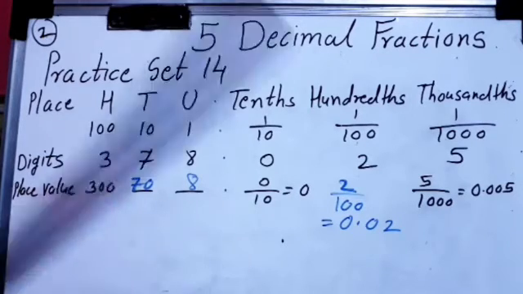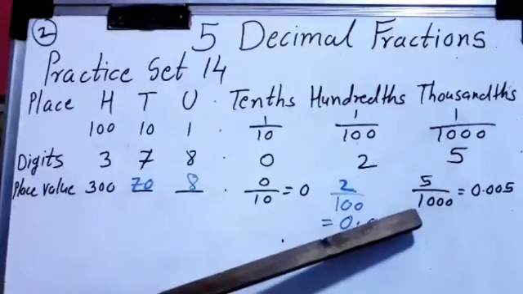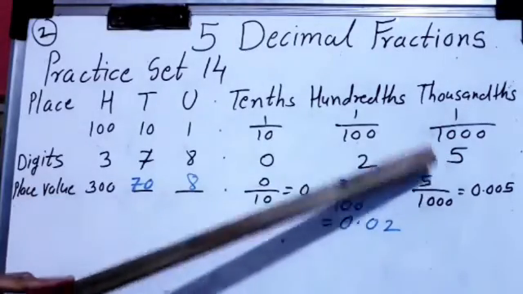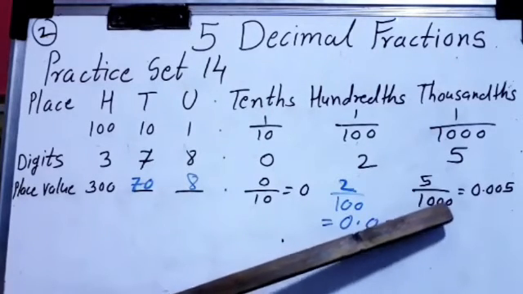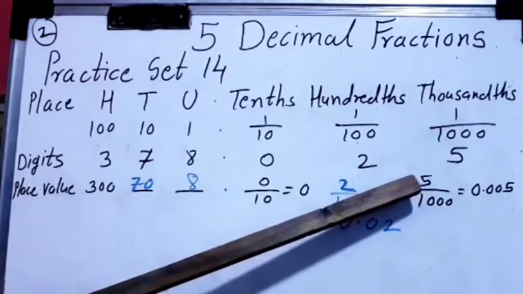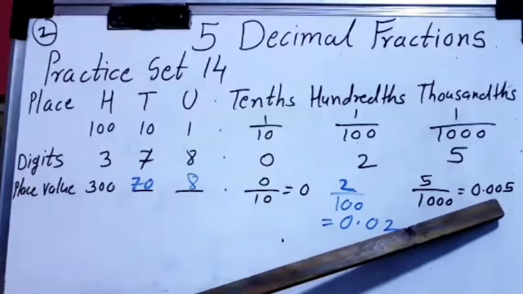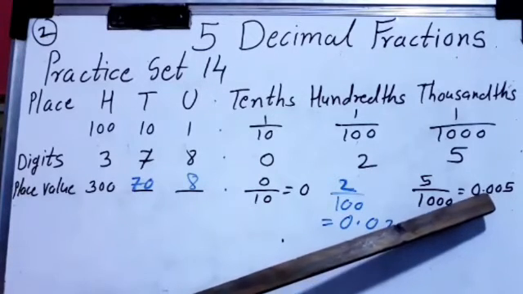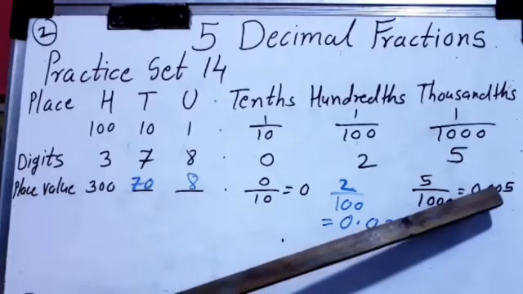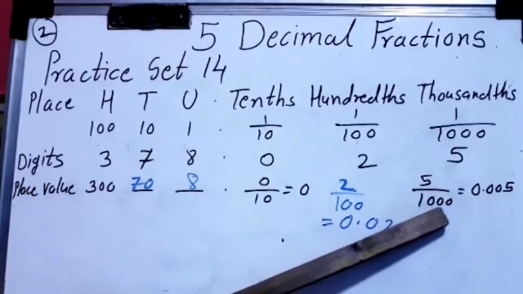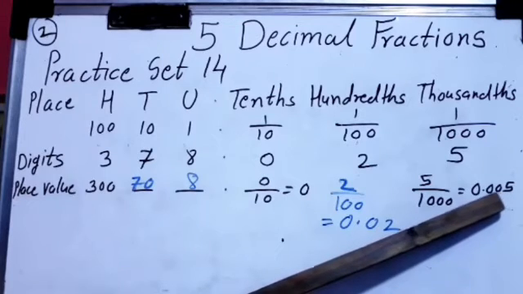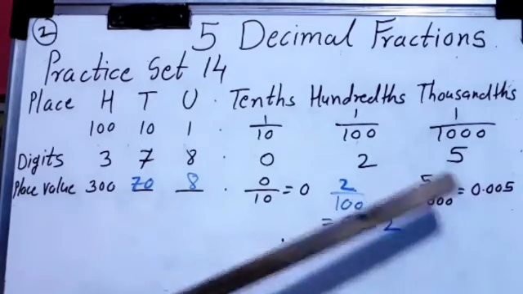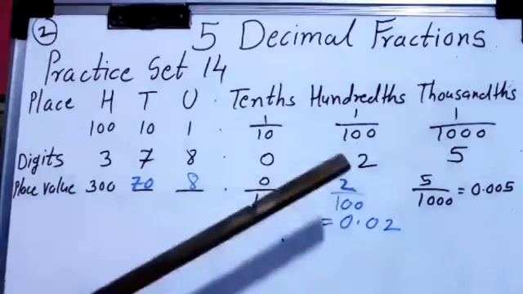In the same way, they have given 5 upon 1000. 5 comes under the 1000th place. So 5 upon 1000 means 1, 2, 3 zeros. Here only a single digit is present, so 2 more zeros you should give. That means 0.005. See, on the 1 there are 3 zeros, so after the decimal point 3 digits must be there. So 0, 0, and then this 5 will come. Not 0.500.